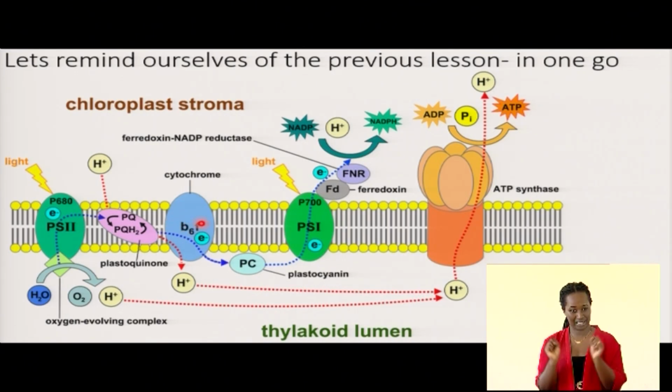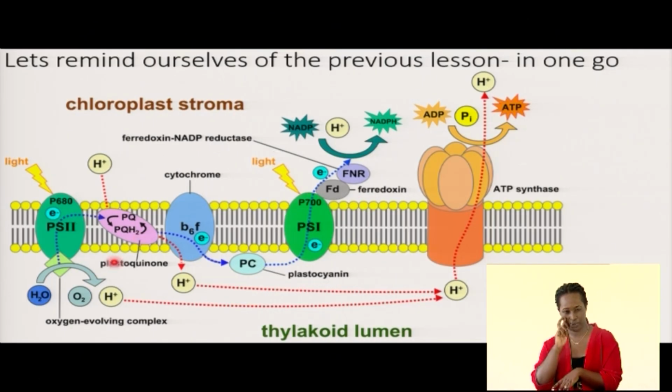This is B6F. Then you also have what we call acceptor molecules of electrons. So this is plastoquinone, and then here you have ferredoxin. Now these, when we talk of the primary acceptors, these are the ones we look at.